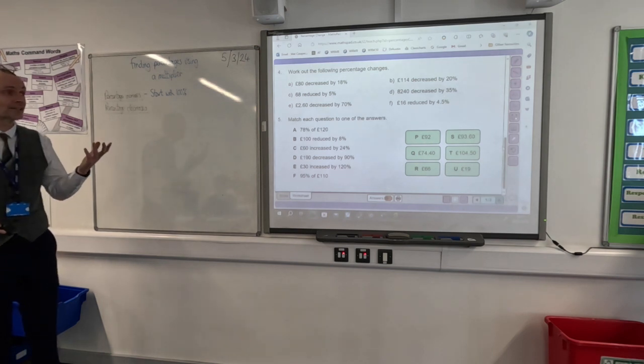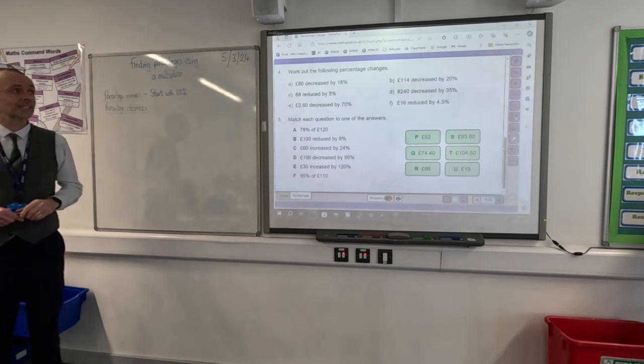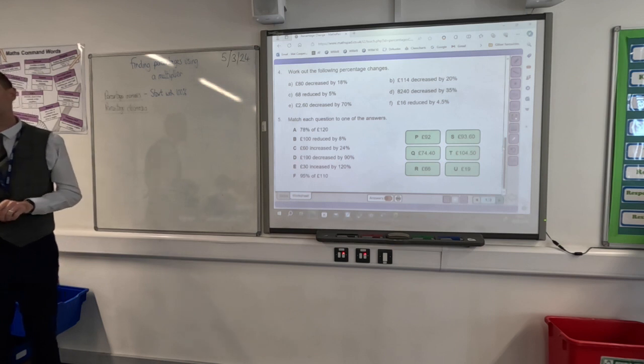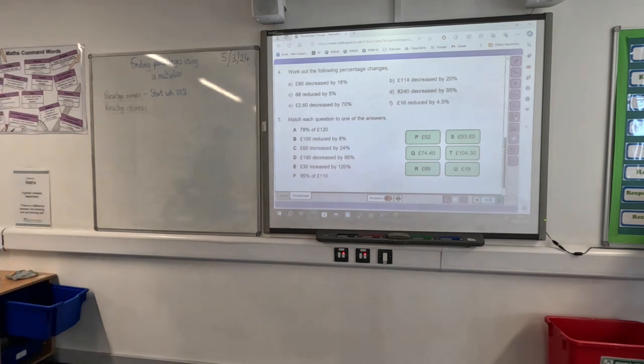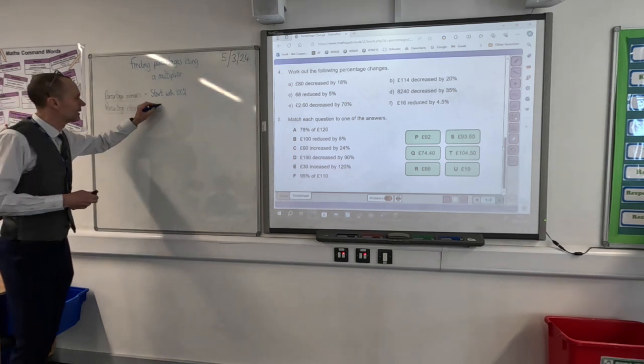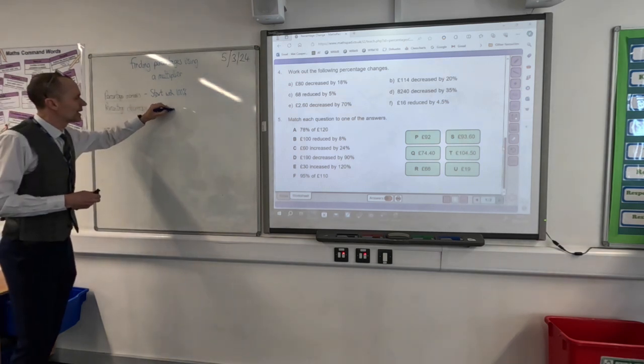So if I wanted to decrease £80 by 18%, I could work out 18% and then subtract it. Two sums, much better to just do one sum. And you can, provided you remember one thing. Start with 100%.